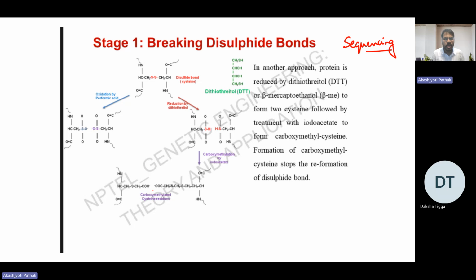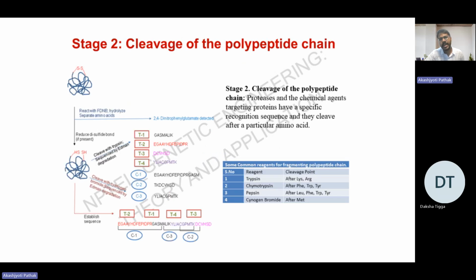Once your protein is cleaved at these disulfide bonds, you get the free SH groups. These are reactive. So to prevent the reformation of disulfide bonds, you treat it with iodoacetate and you get this carboxymethylated cysteine residue.